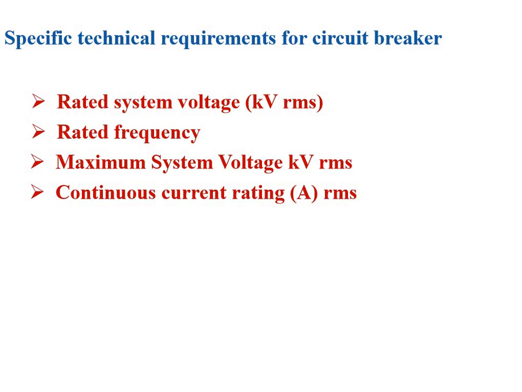For example, 1200 amperes, 2500 amperes, 800 amperes. That much current should continuously flow through the circuit breaker contacts without damaging them or affecting their operation. So that is the continuous current rating in RMS, and generally it is expressed in ampere.